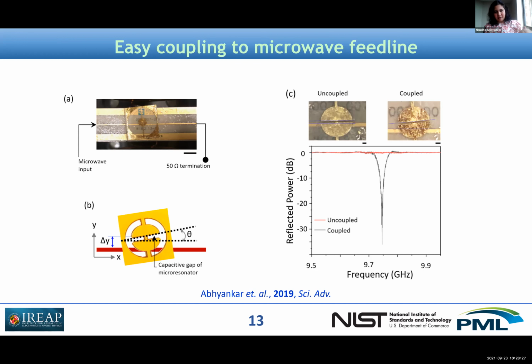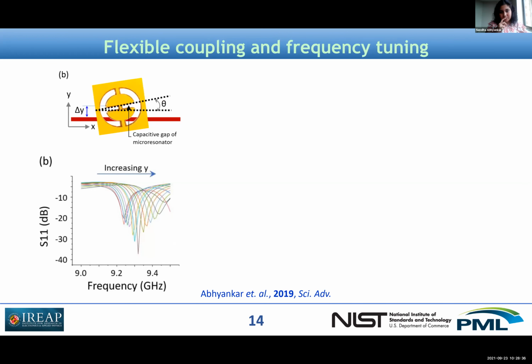X is the distance along the direction of propagation in the microstrip, and theta is how much you're going to turn the microresonator. And so what this allows us to do is go through pretty much any state from undercoupled to overcoupled simply by adjusting delta Y and theta. So this is a pretty cool demonstration. This is a simulation, but we can see it in experiments.